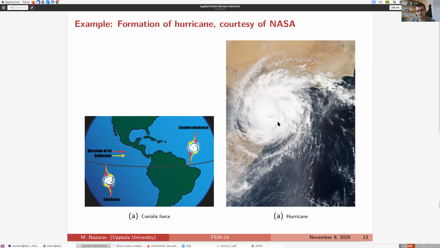If you search for hurricane, these are real life pictures taken, I think by NASA, from the sky. This is the formation of a really huge hurricane. So the question is how these hurricanes form and how to calculate the energy produced by them. Of course, you cannot measure this because it is really huge.